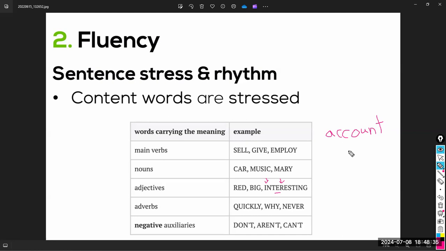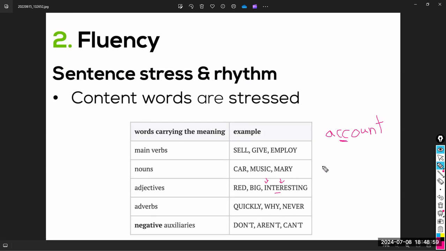So the stress is not on the double C. Some people think that if we have a duplicated or double letter, we have to stress it. It's not like this. Yeah, I know that sometimes we have to stress the doubled letters, but not all the time. So please be careful.